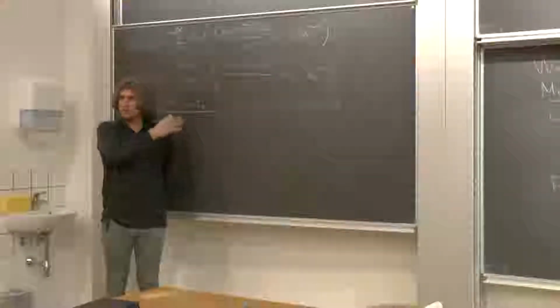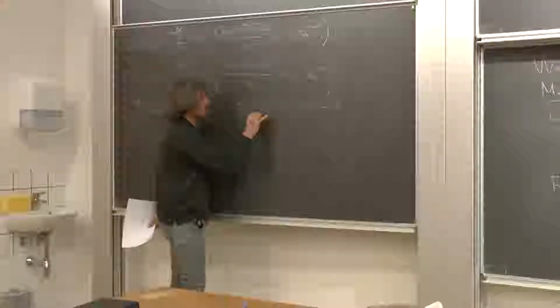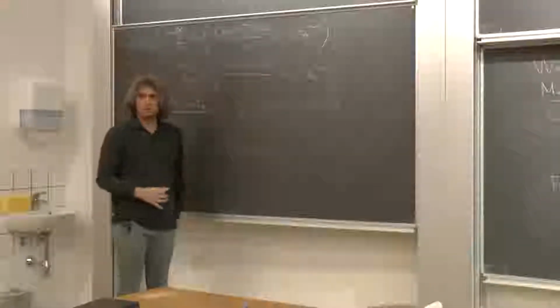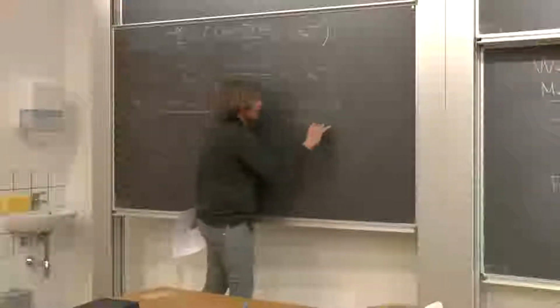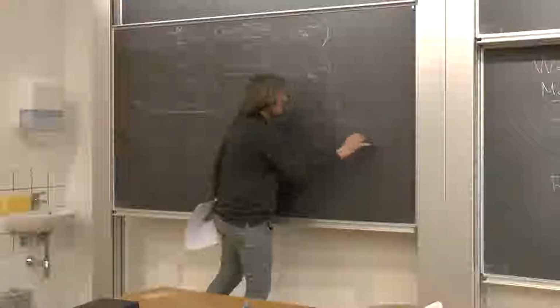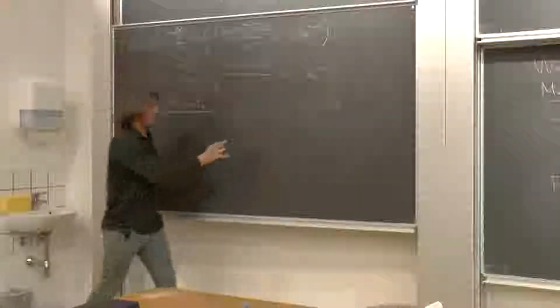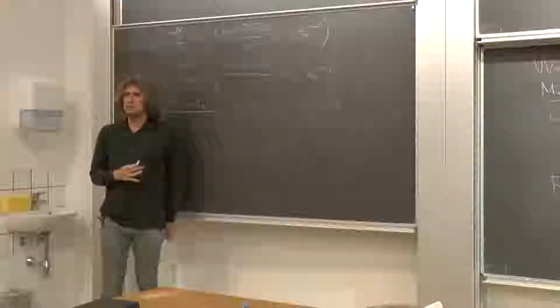Do you know the next ones? The next one is a cubed minus b cubed, for any letters a and b, is a minus b times a squared plus ab plus b squared. And so on. Do you know the general formula?